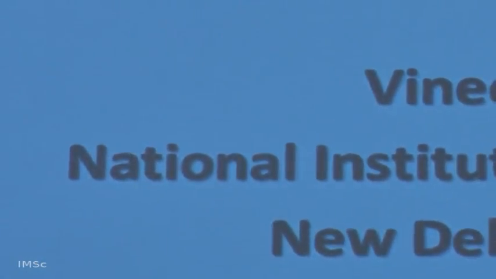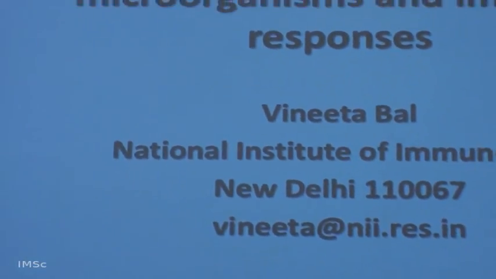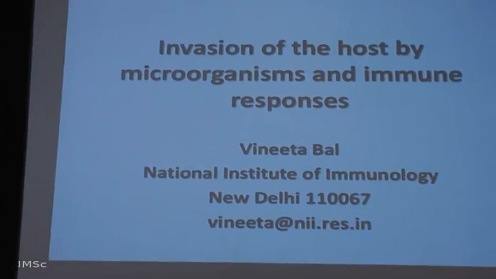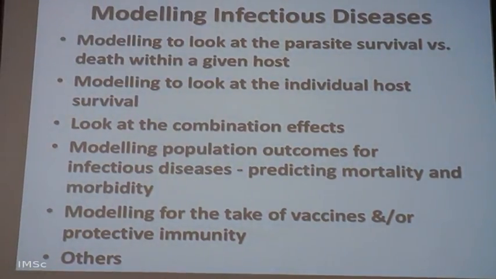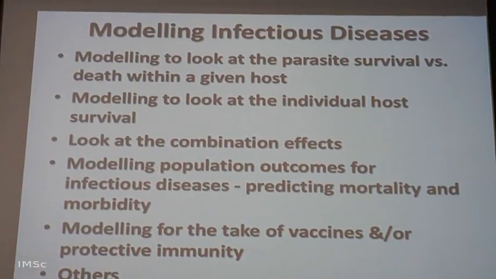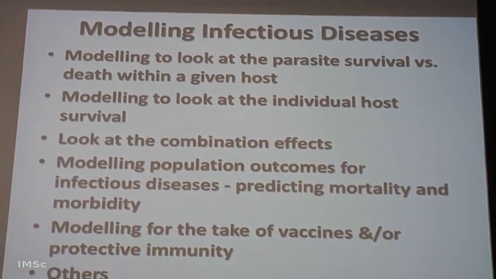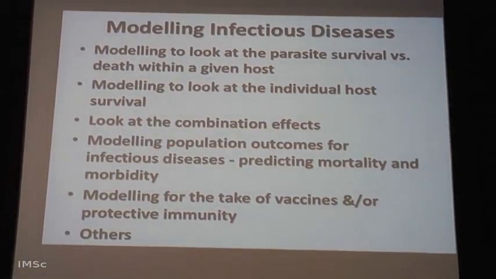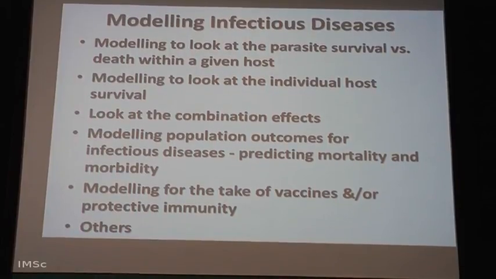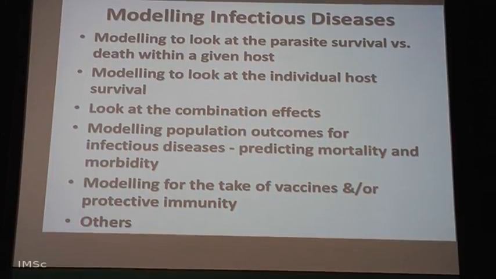So with that, this is a more general title, Invasion of the Host by Microorganisms and Immune Responses. And this essentially involves two components. One is the host, the other is the microorganism or parasite as a general broader category. However, since we are talking about modeling, there are different ways in which this modeling can happen. This is not an exhaustive list, but modeling can be to look at parasite survival versus death.